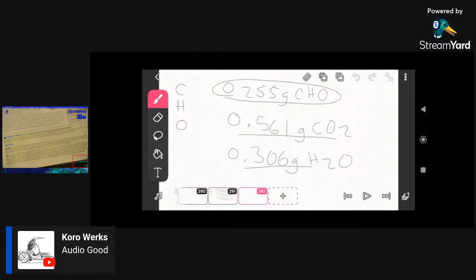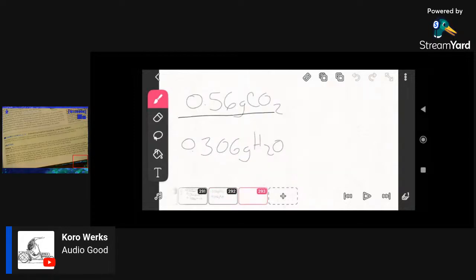All right, so let me write that number down real quick. 5.56 grams of CO2, right? And then we got 0.306 grams of H2O.